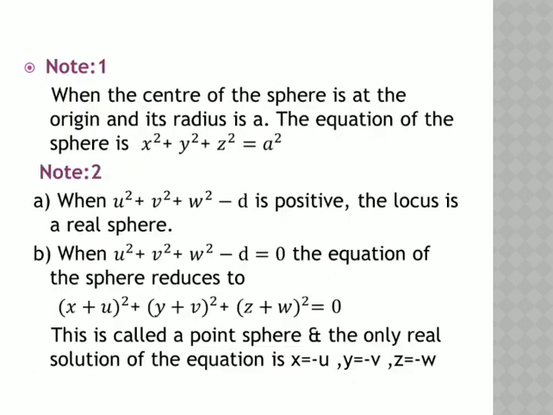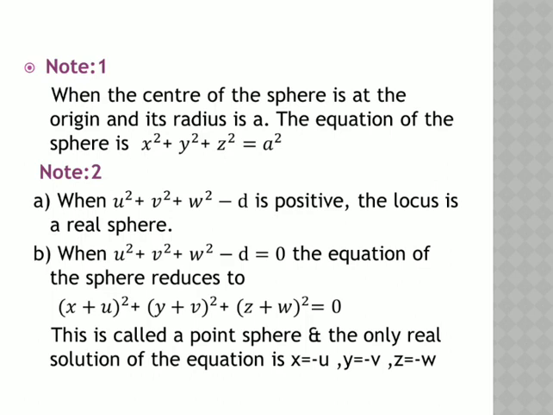Let us see the notes for the sphere. First note: when the center of the sphere is at the origin and its radius is a, the equation of the sphere is x square plus y square plus z square is equal to a square. If the center is at the origin, the center point a, b, c becomes 0, 0, 0 and the radius is given as a.